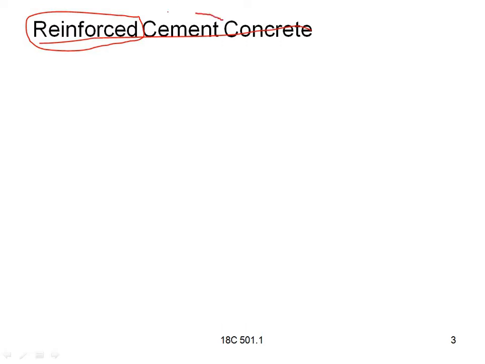And what is cement? A cement is also a material which is prepared from lime and clay. And what is concrete? A concrete is a member which is a mix of cement, sand, aggregates and water. So it is called concrete.